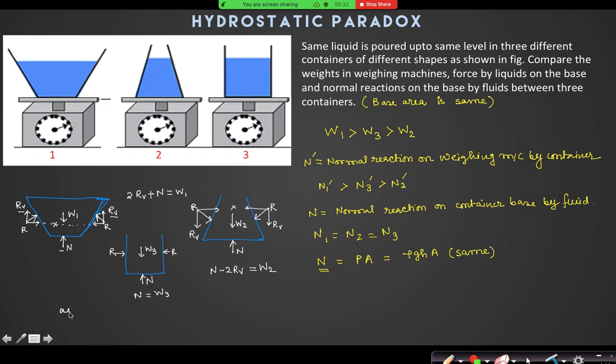As N equals rho g h into A for all, can you see that W1 is definitely greater than W3, which is greater than W2, because in W2 you are subtracting something from N, and in W1 you are adding something to N. Have you got the explanation?